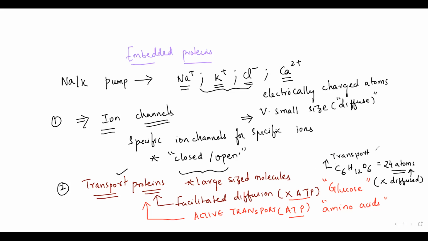I hope you understood. And even the protein structure is very complex because of the amino acids. They are very large compared to glucose, and to move them we require transport proteins as well as ATP molecules. So that is what you need to remember for the transport proteins, children.